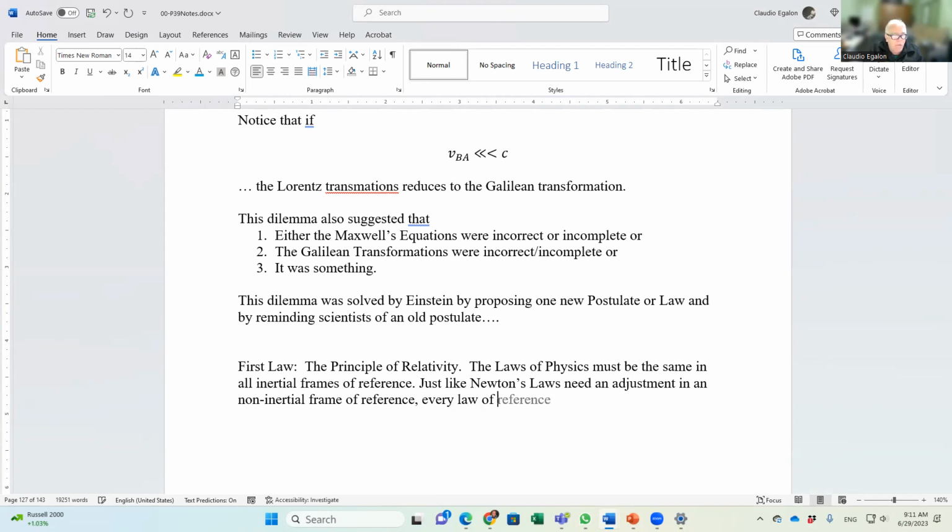Every law of physics must also obey this principle of relativity.